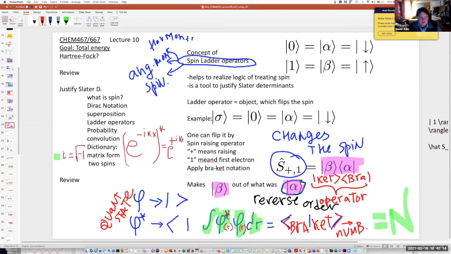So here is the imaginary unit, and the exponential is something that we all like, right? Because of calculus. So you see that in this expression we multiply the wave function with star times the wave function without star.